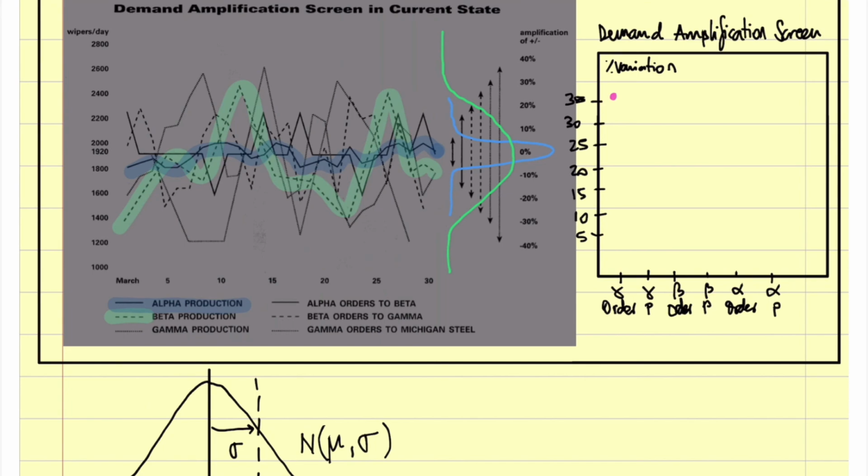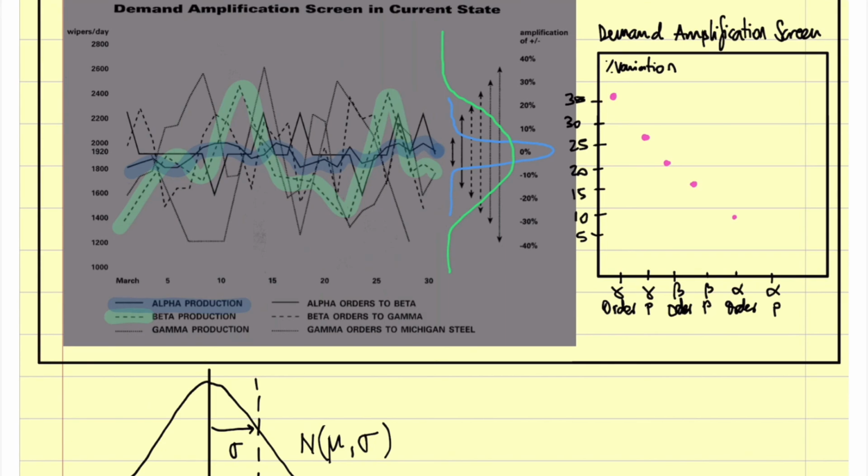Then we have the gamma production over 25. Then we have the beta order over 20. Then we have the beta production over 15. Then we have the alpha order over 10.